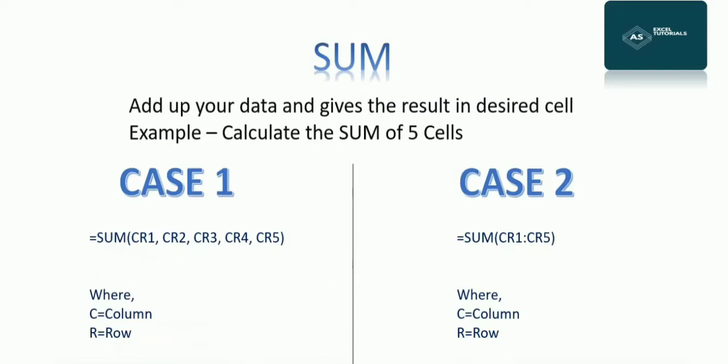In the first case, the formula of sum is equals to sum, and in the brackets you can write CR1, CR2, CR3, CR4 and CR5. What do C and R stand for? C stands for column and R stands for row.